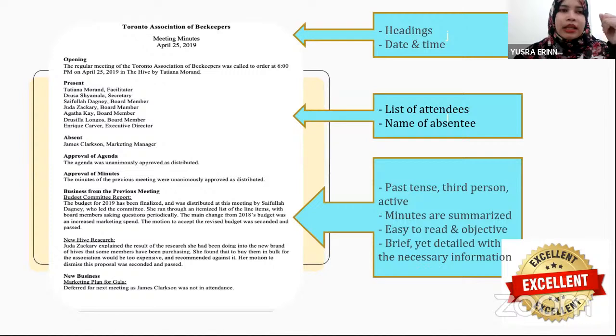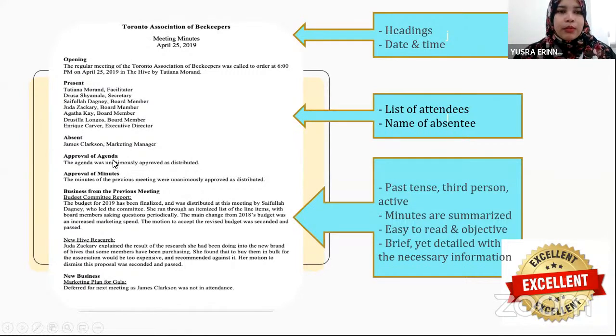But in the case of smaller meetings, you need to list their names and also their position in the department itself. And then of course you will have absentees. If no one is absent, you can just leave it blank or just cut out the point over here.